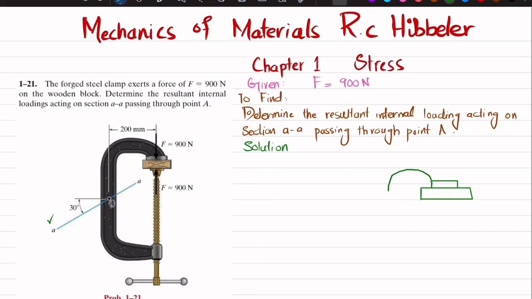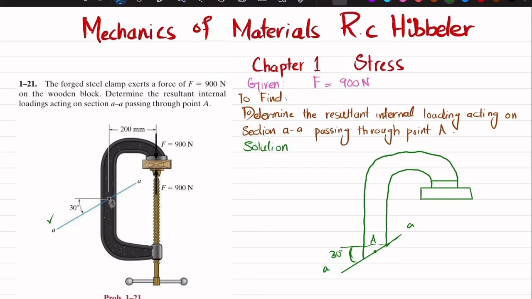This is section AA, and it makes an angle of 30 degrees with the horizontal. This is your point A.